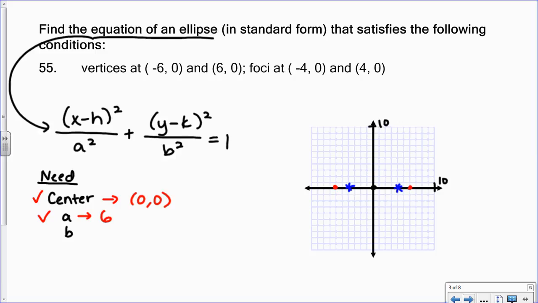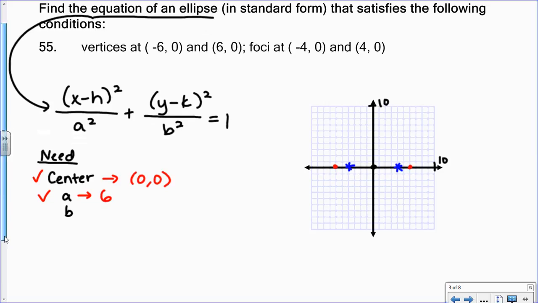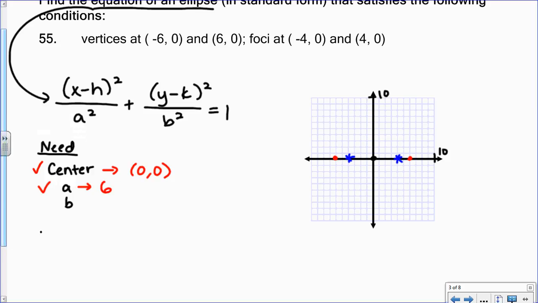So I have that C equals what? 4. Okay? So I can use A squared minus B squared equals C squared.